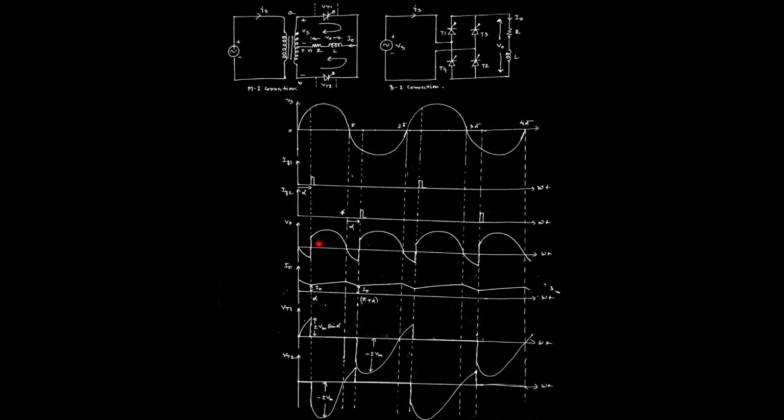So for alpha to pi, that is the waveform followed from the supply voltage. After pi, the inductor starts discharging, and at a particular point we apply the next triggering pulse to thyristor 2. Then thyristor 2 starts conducting, as the supply is in its negative half cycle, it becomes positively biased and current starts flowing in this direction.